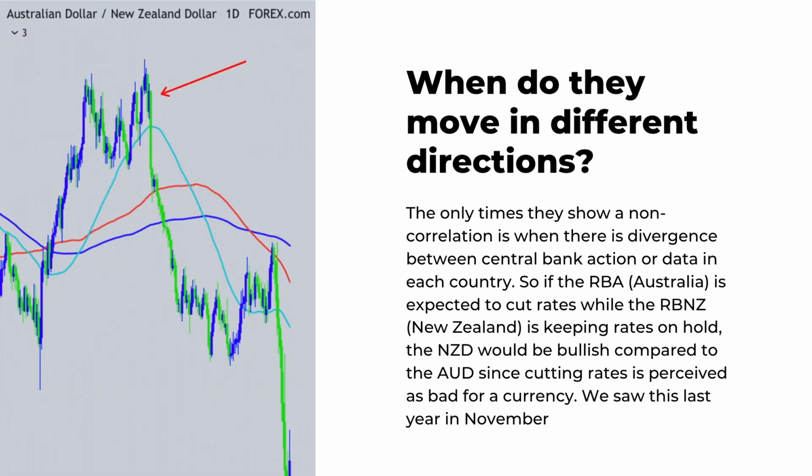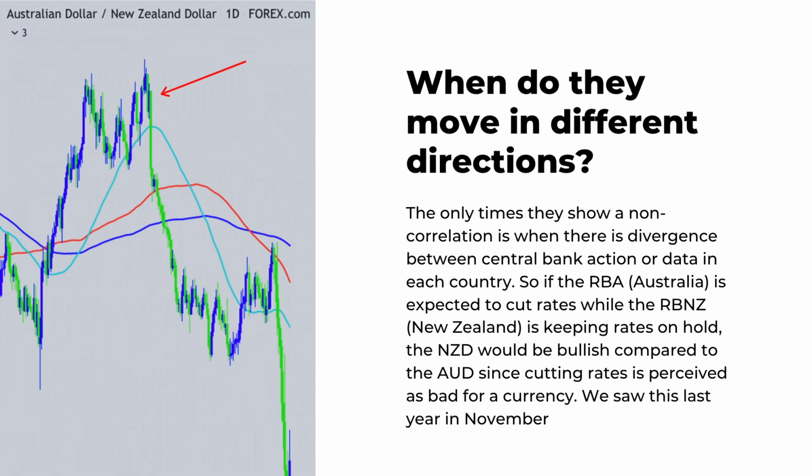Now, when do they move in different directions? When is there a divergence? Because they don't mirror each other exactly. Really the only times that they show a non-correlation is when there's a divergence in central bank action or data in each country.